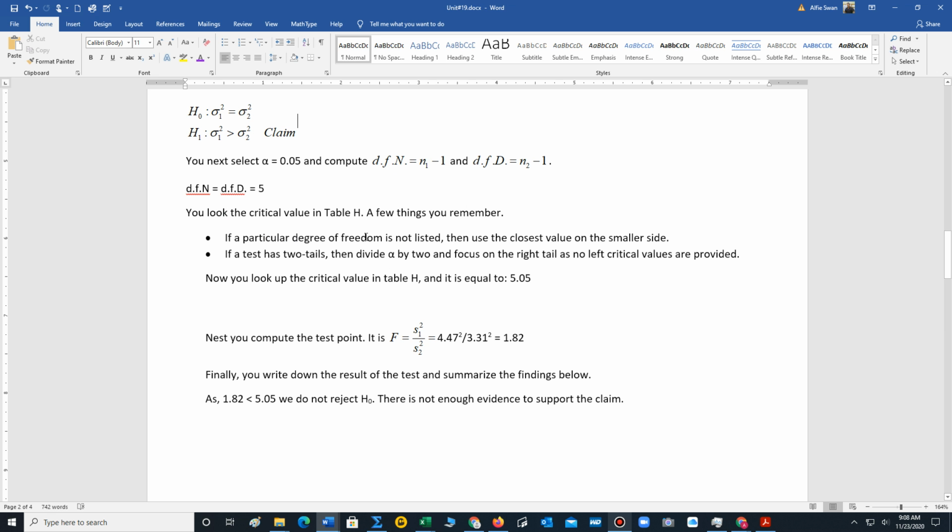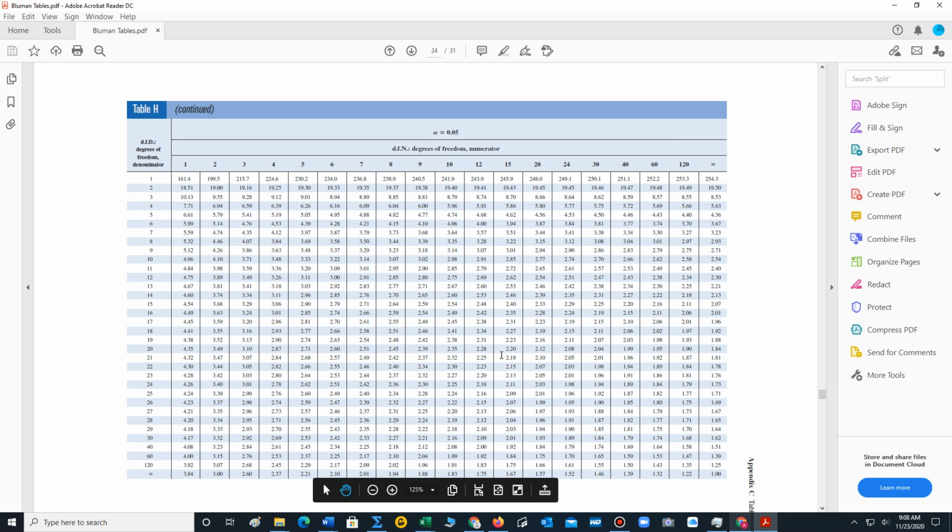If a particular degrees of freedom is not listed, then use the closest value on the smaller side. If the test has two tails, that would be the situation when this is not equal to. That's not the case here. But if it does have two tails, divide alpha by 2 and focus on the right tail, as no left critical values are provided. So let's look at table H.